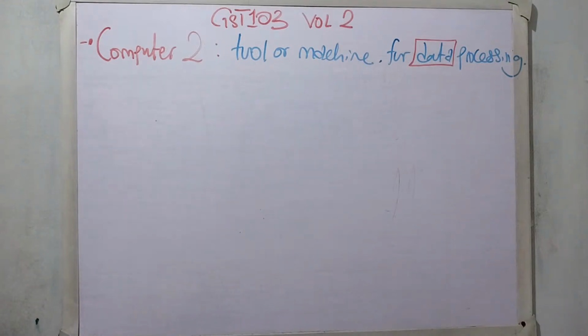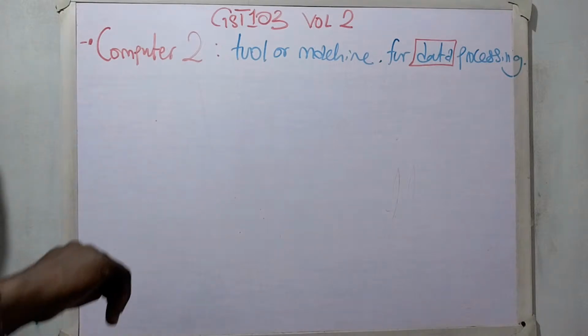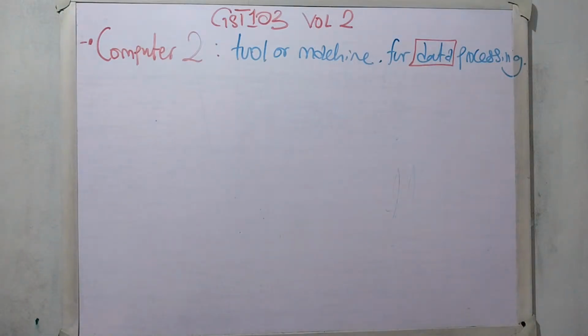Now, after this data is given to the computer, what does the computer do with the data? We can refer to data also as instructions or programs. So after receiving these instructions, these programs, the computer then processes.